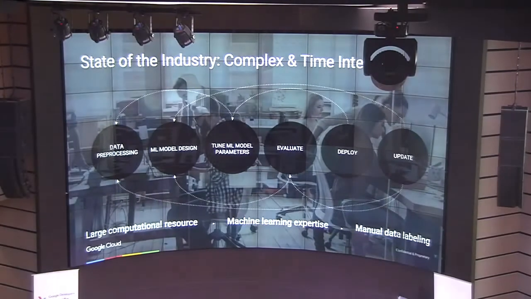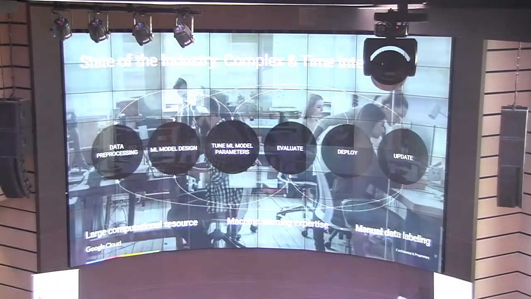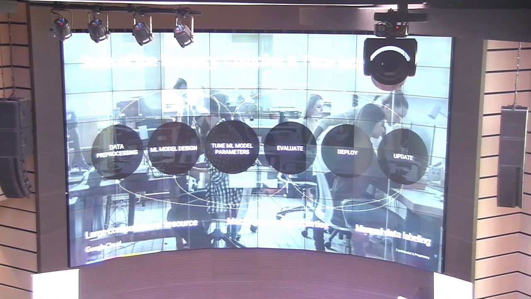And why did we make this? It's because in the state of the industry, building a machine learning model is usually very complex, right? And time intensive. You have to do a lot of data cleanup, data pre-processing, designing the machine learning model, choosing the algorithm, and tuning the model. And then you have to deploy it to production.